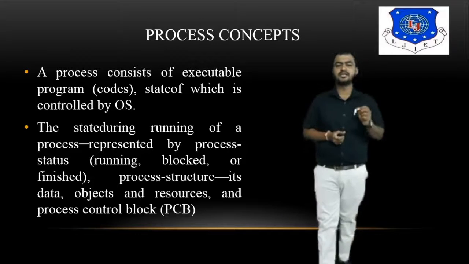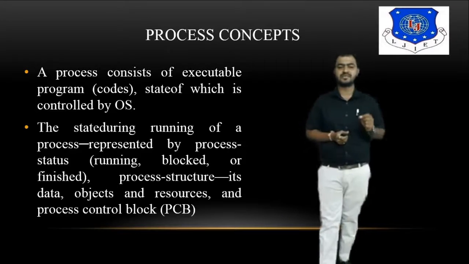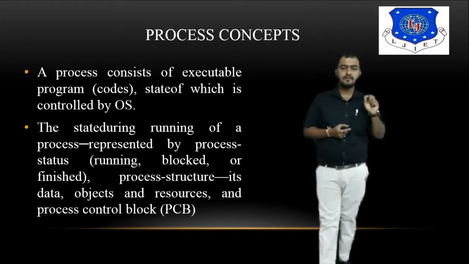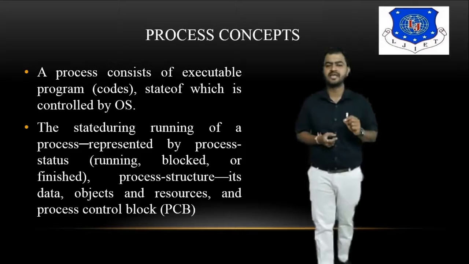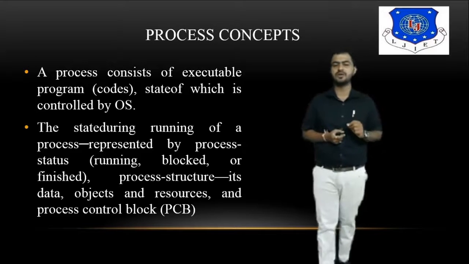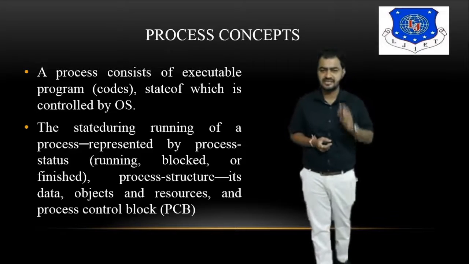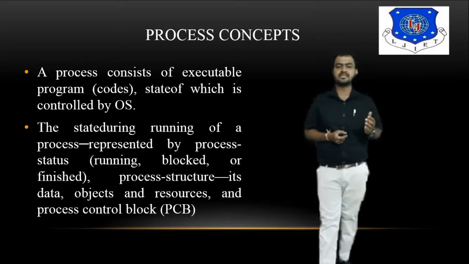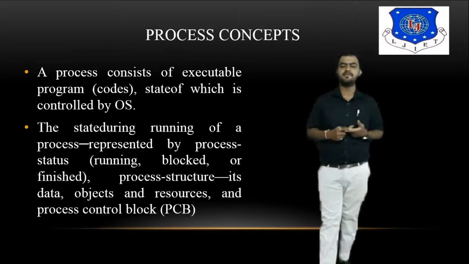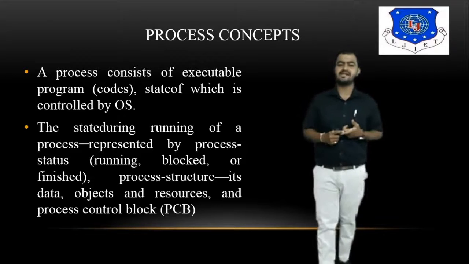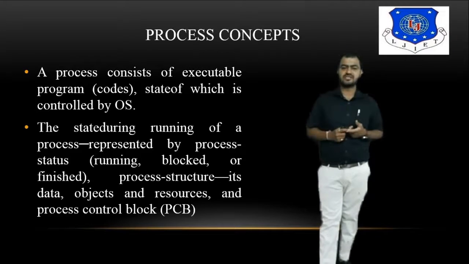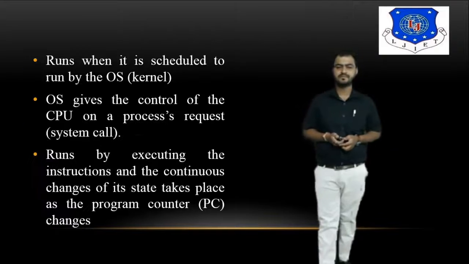The state during the running of a process is represented by the process status: running, blocked or finished. Process structure is the data, objects and resources, and the process control block.